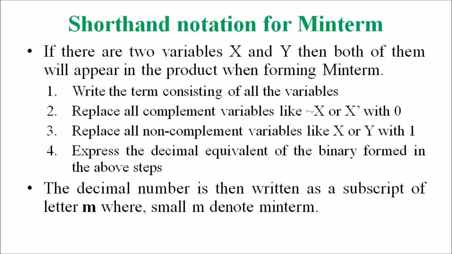Fourth, express the decimal equivalent of the binary formed in the above steps. So these are the four shorthand representation rules. The decimal number is then written as a subscript of the letter m, where small m denotes minterm.